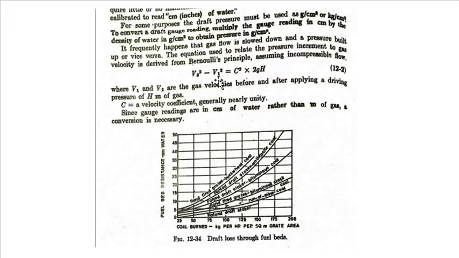So v sub 2 squared minus v sub 1 squared is equal to C squared times 2gh, where v1 and v2 are the gas velocities before and after applying a driving pressure of h in meters of gas. C is the velocity coefficient, generally nearly unity. Since gauge readings are in centimeters of water rather than meters of gas, conversion is necessary.